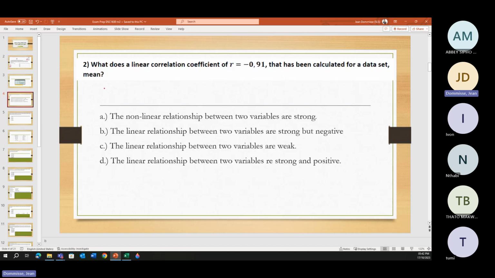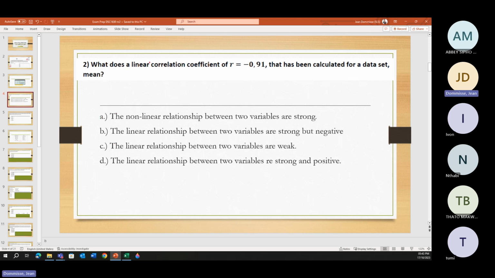They give you a new point and say, what is a linear correlation coefficient of R that is equal to minus 0.91 that has been calculated for the data set mean? And then they give you 4 options.